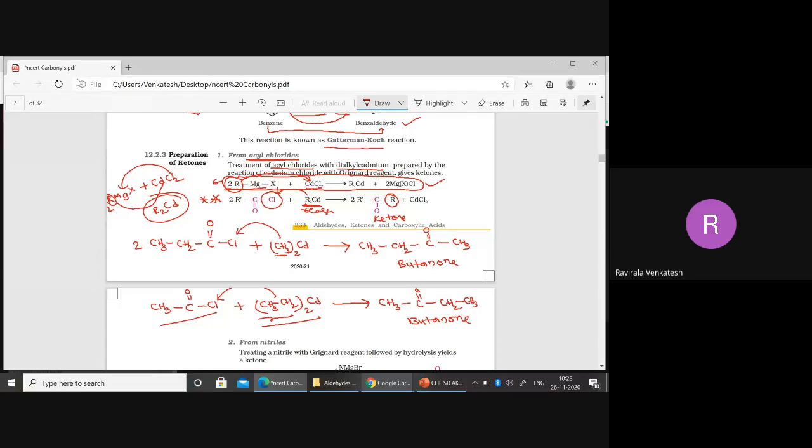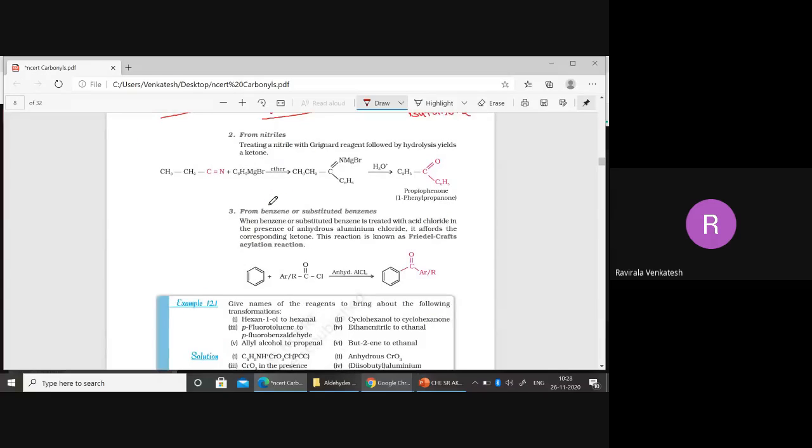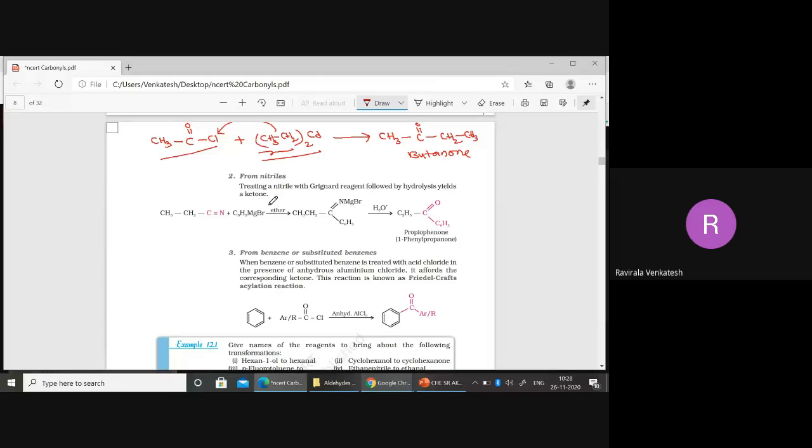That was the preparation of ketones from acid chloride or acyl chloride. Any doubts, beta? No, sir. Next we'll take the second one, from nitriles. From nitriles also we can get ketones.